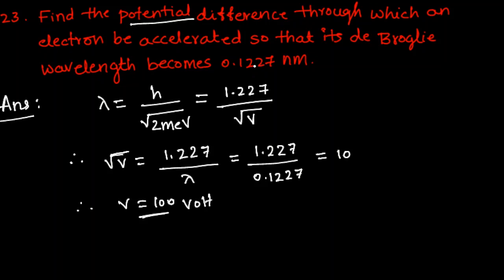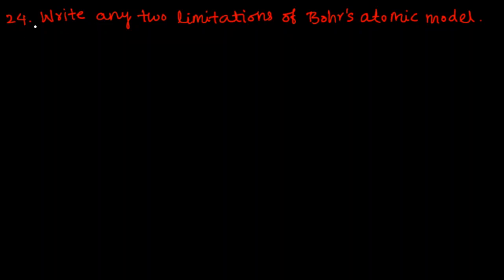Let us take the next question. Question number 24. Write any two limitations of Bohr's atomic model. First limitation.